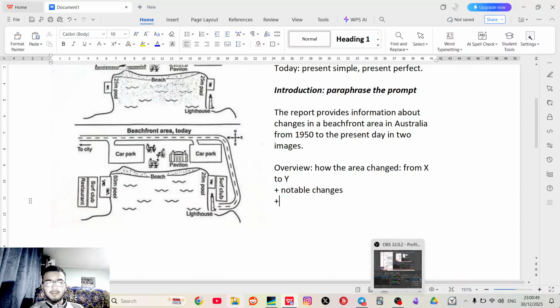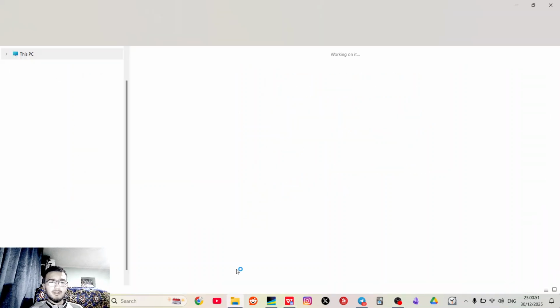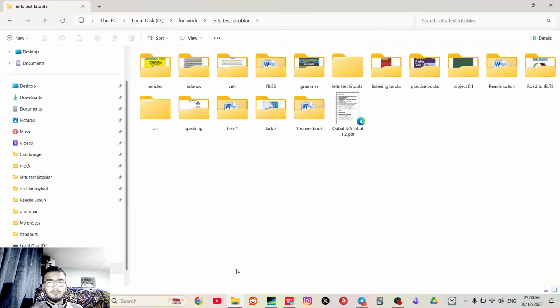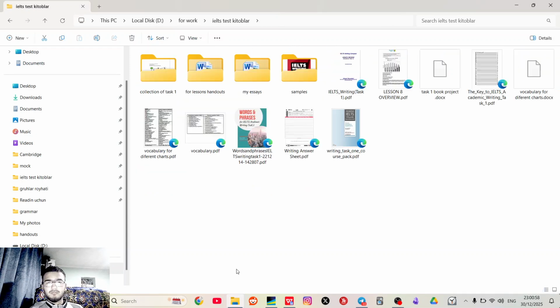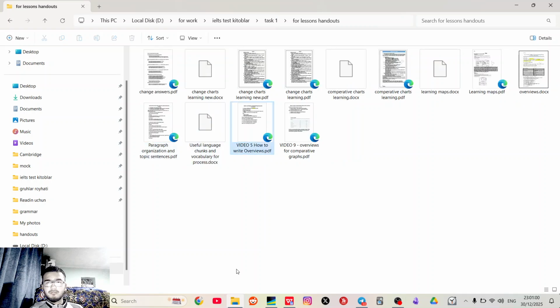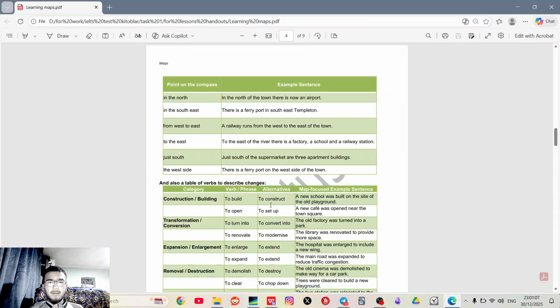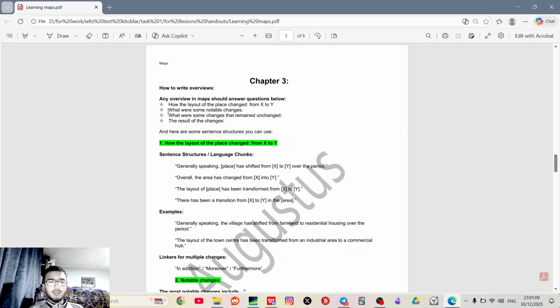And if you don't understand very well, I can even show it here. So you can see how to write overviews: how the layout of the place changed from X to Y, what were some notable changes, and also you can talk about what remained unchanged.